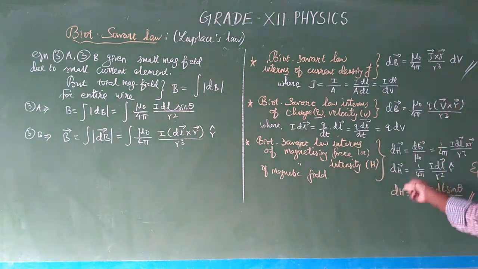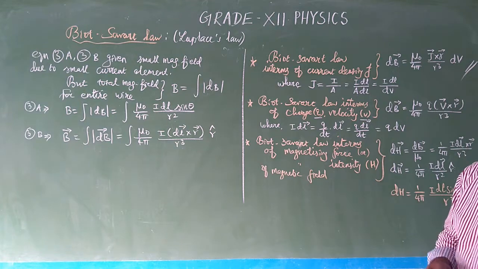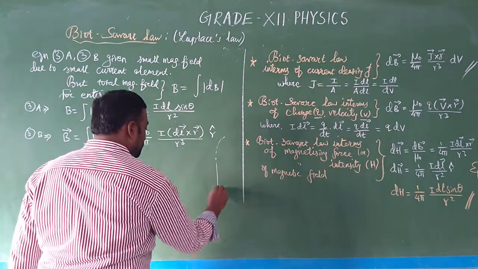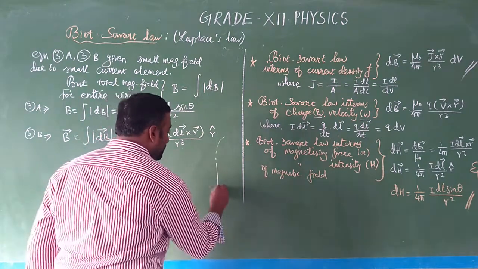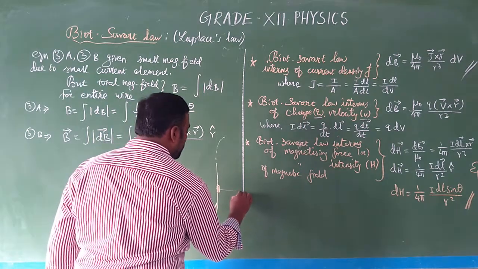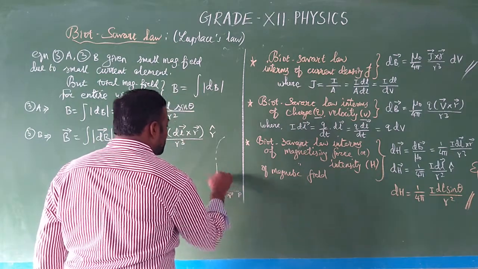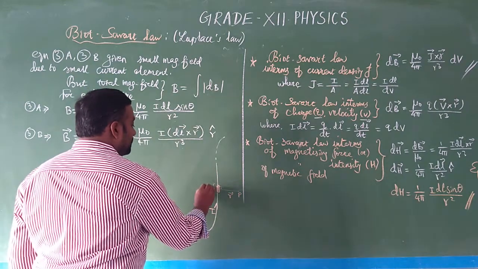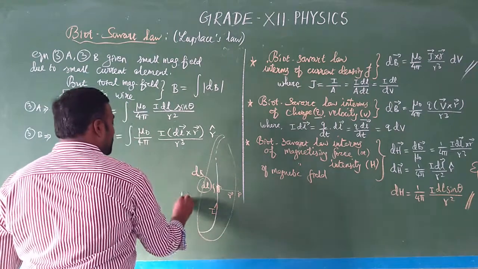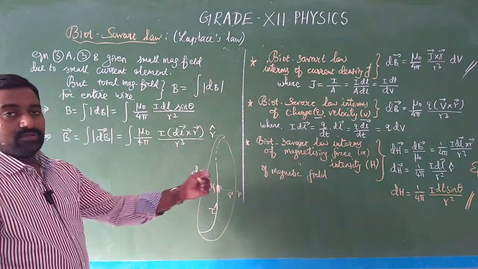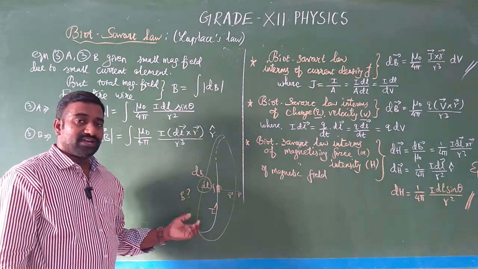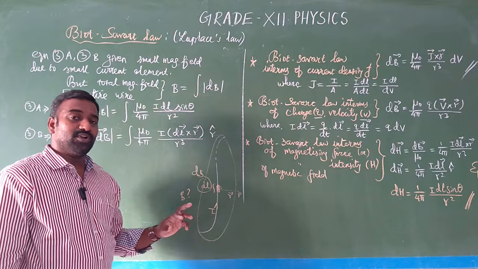But maximum in the case they won't ask, but remember these two cases. So what is the purpose of the Biot-Savart law? In an infinite straight wire, a current I flows through a small current element, and from that small current element to a point P the position is r. So what magnetic field is produced by this current element, and then what is the magnetic field for the whole wire. So generally the Biot-Savart law is used to determine the magnetic field due to the small current element, that is the small magnetic field due to the small current element.